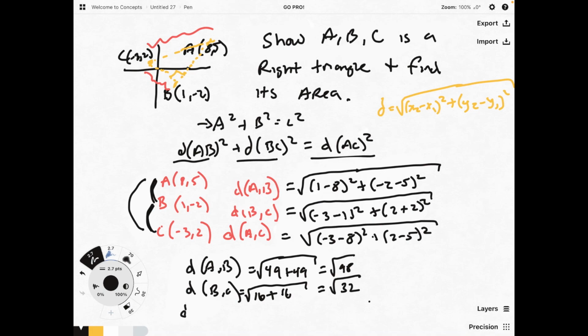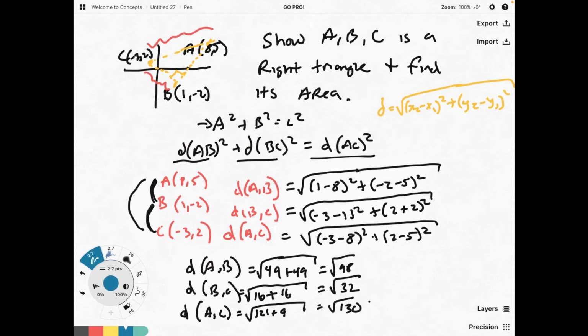And then lastly, we take the distance between A and C, and this is equal to the square root of -3 minus 8 squared. -3 minus 8 is -11. -11 squared is 121. And then we take 2 minus 5 squared, so that's -3 squared, which is 9. And this is equal to the square root of 130.